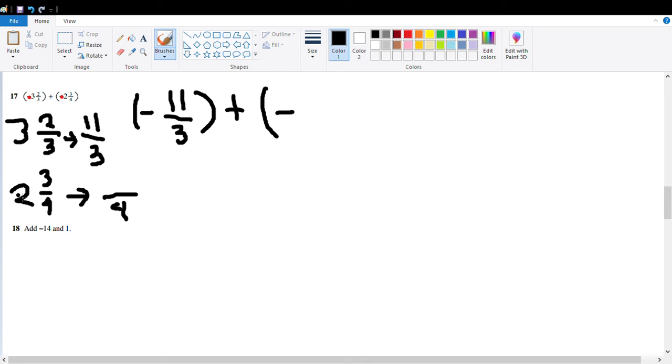Now we simply find out what our numerator is. So 4 times 2 is 8, plus 3 is 11. So in this case, we have negative 11 over 4.